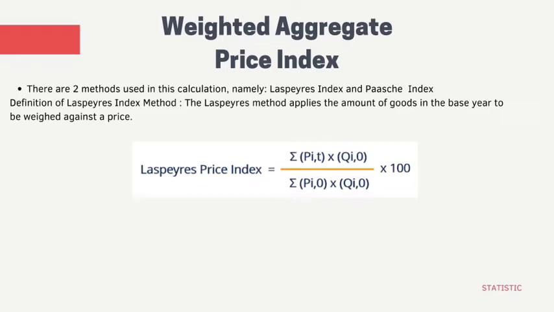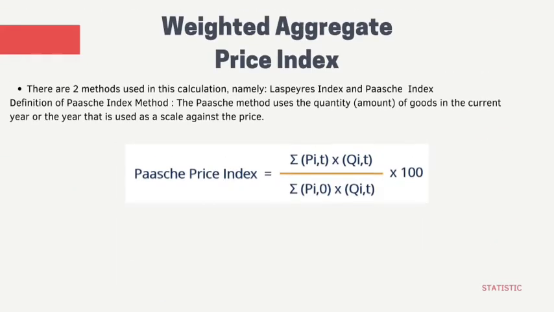And the second is the definition of the Paasche index method. The Paasche method uses the quantity of goods in the current year, or the year that is used, as a scale against the price.